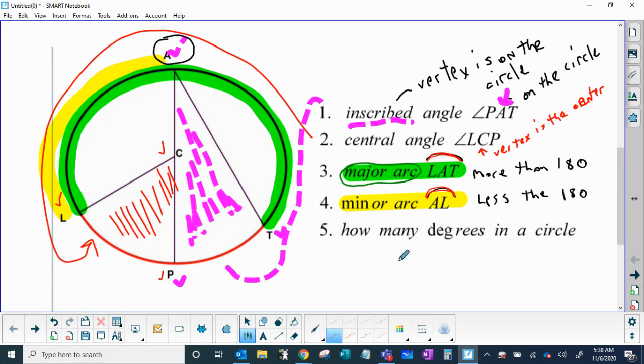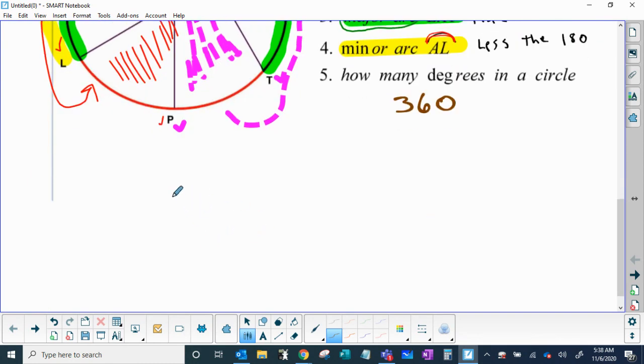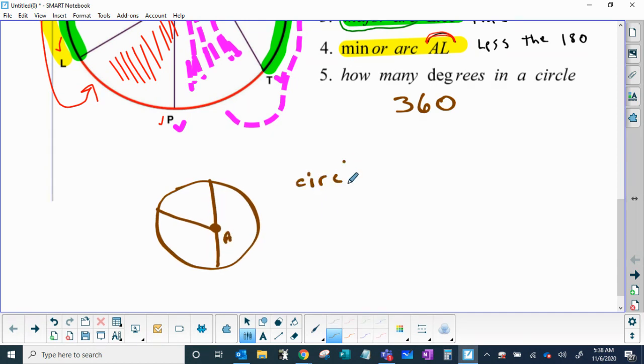Next week, I don't think we're going to move on. I think we're going to stay here because we need to do some practice with circles. And this is what I mean. I gave you a circle, and we had some angles in here. Circle A. And let's call this 100 degrees?